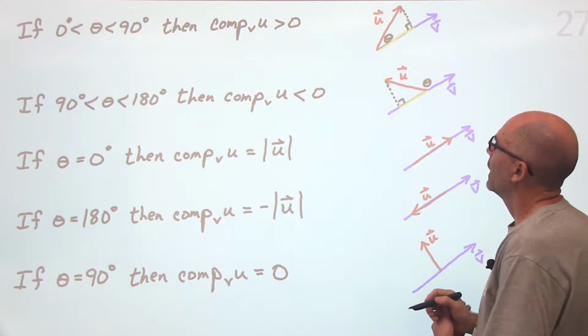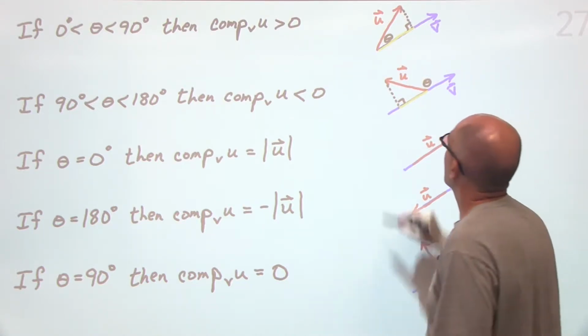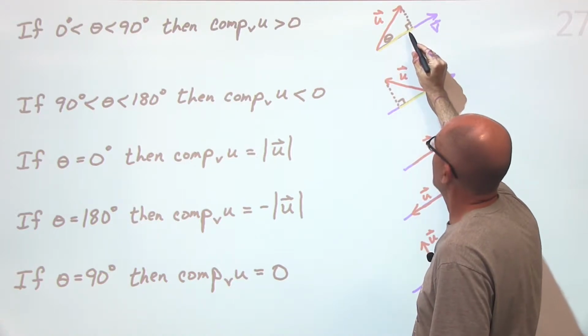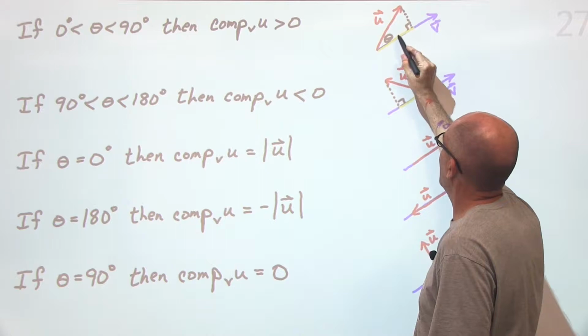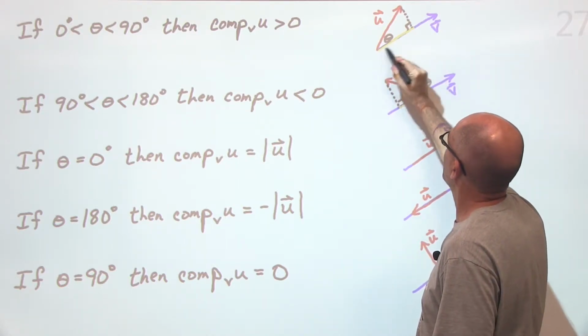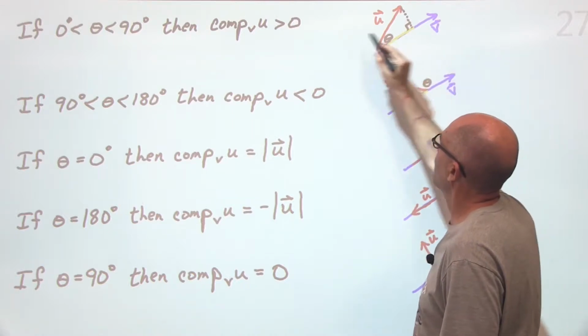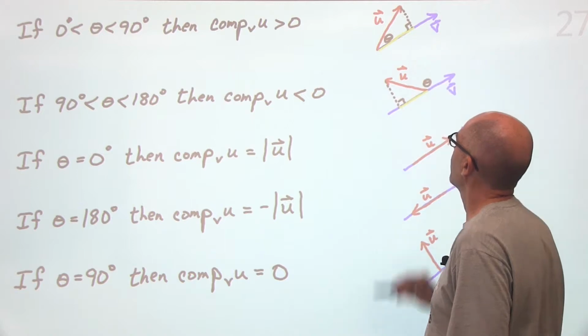Okay, so take a look at a few different situations. Here's our original situation where theta is between 0 and 90. Notice the component of u along v ends up being positive in this case because it's going from bottom up.